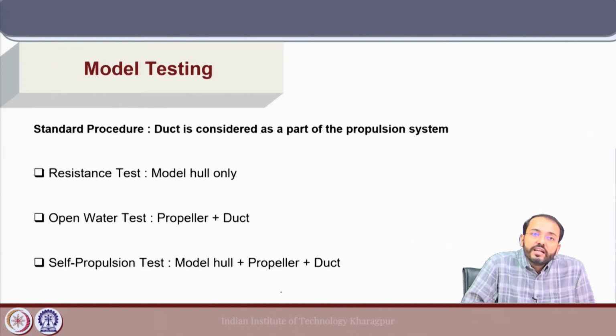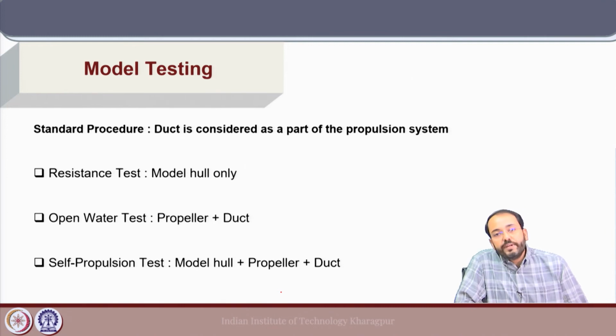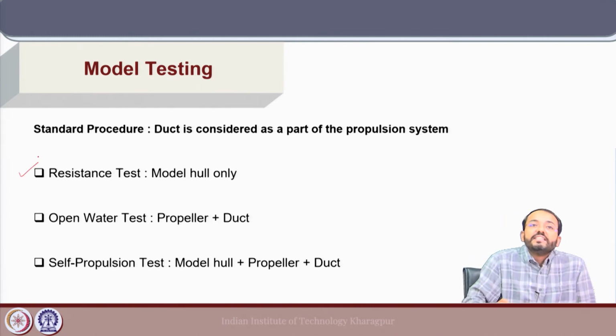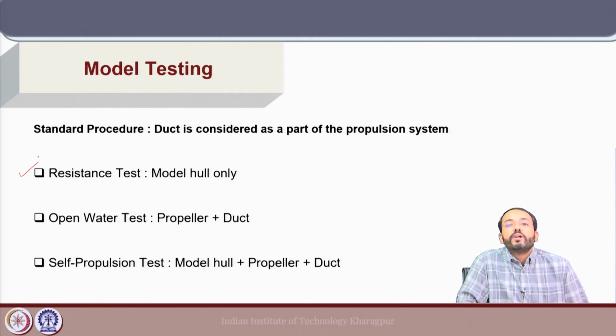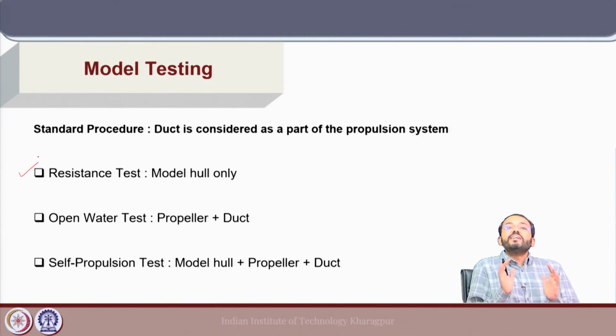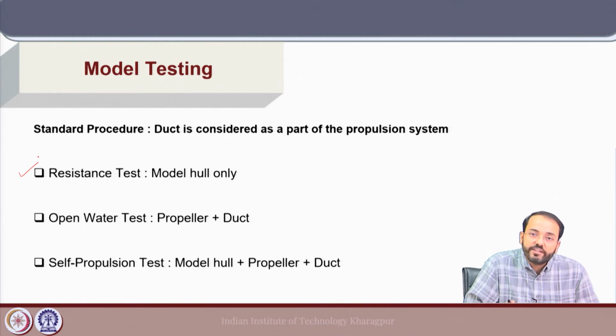Now, if we look into the model testing perspective for ducted propellers, we have the resistance test where the model hull only is used, and in this particular design the duct is considered in general as a part of the propulsion system. So, the duct and propeller together form the propulsion unit.